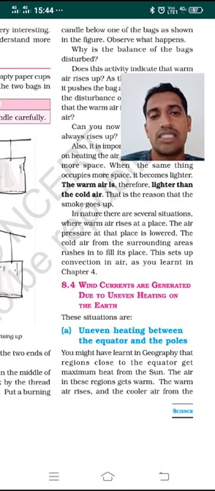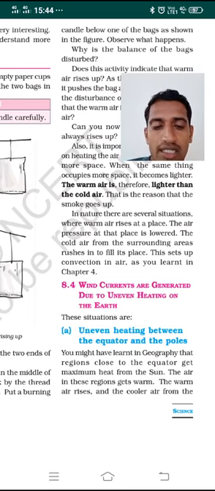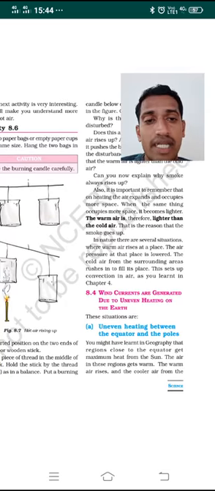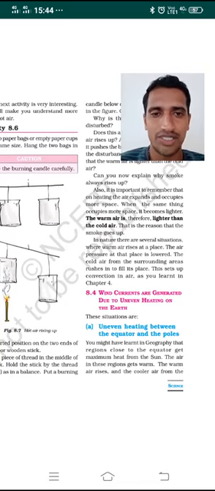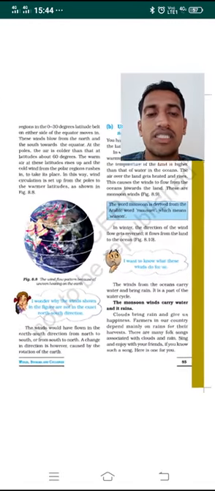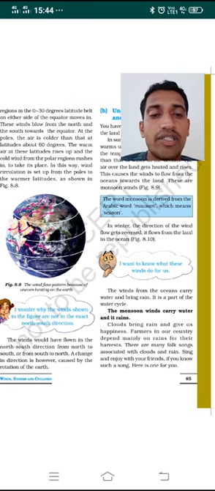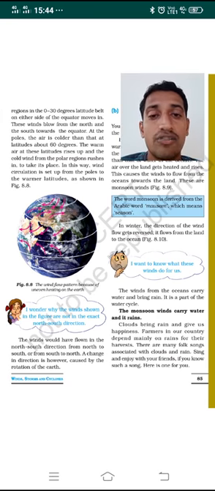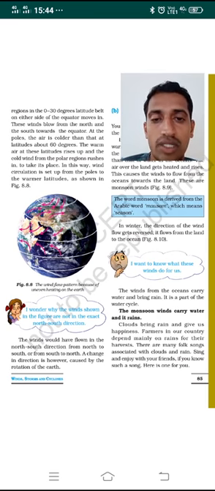This warm air starts rising, and the colder air from the surroundings starts moving towards the equator from the 0 to 30 degree latitude belt on either side of the equator.